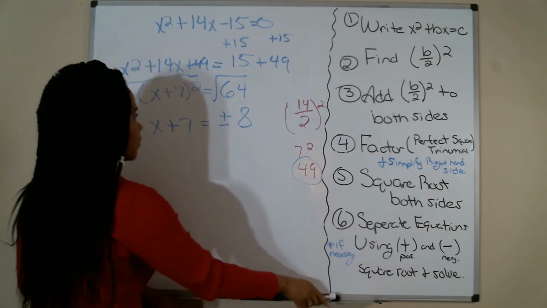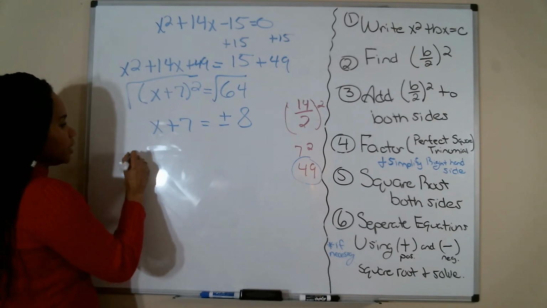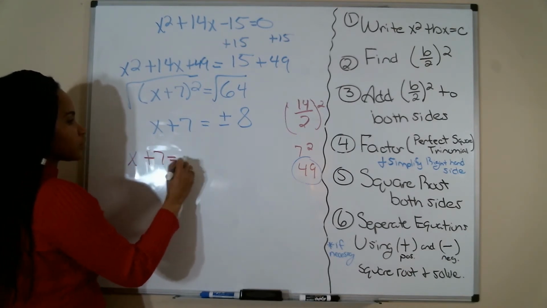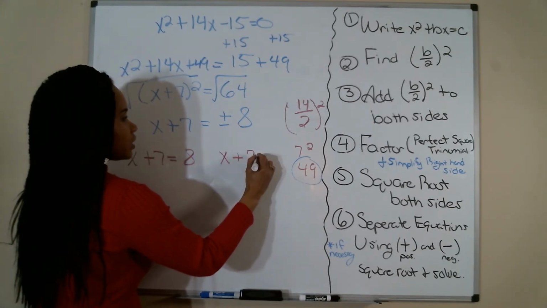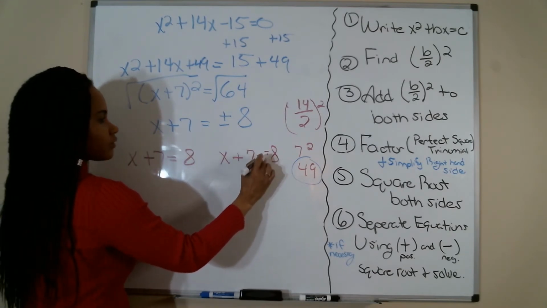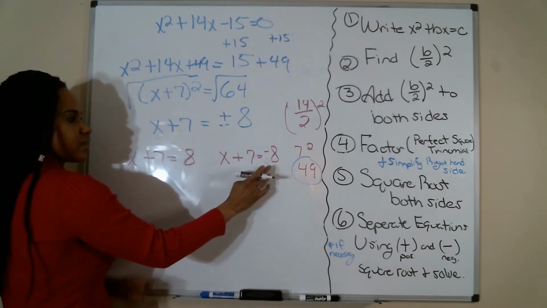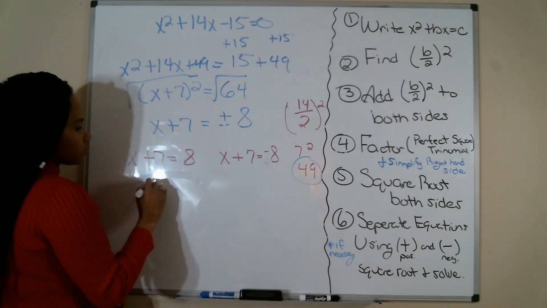You can separate it into two one-step equations. That would be x plus 7 is equal to 8, and x plus 7 is equal to negative 8. Put a negative up here because that's a positive and a negative 8. Alright. Then I just solve these one-step equations.